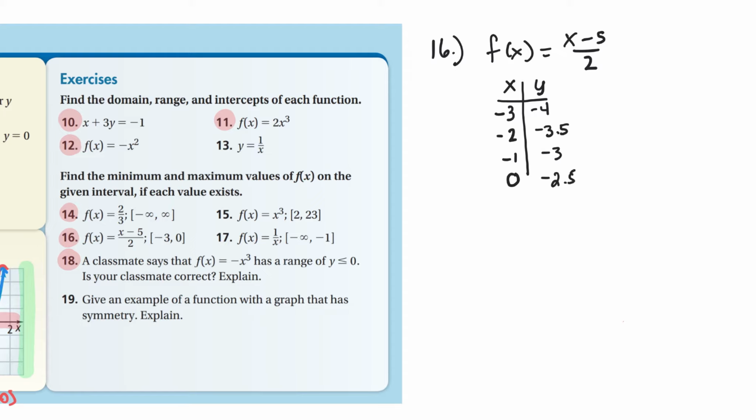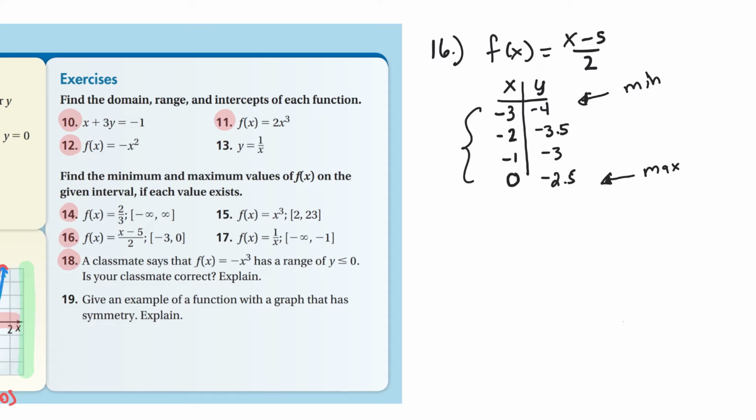So just by looking at the table, even if I were to list all the possible values between -3 and 0, my highest would obviously be x equals 0 because the output would be -2.5. The lowest will always be input -3, the output is -4. So that's your max point, and there's your minimum value.